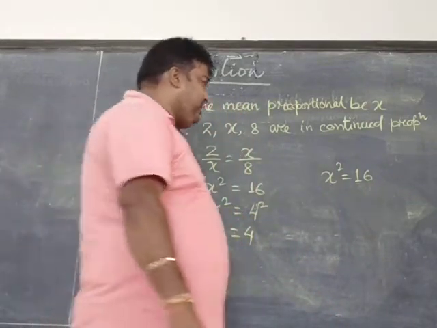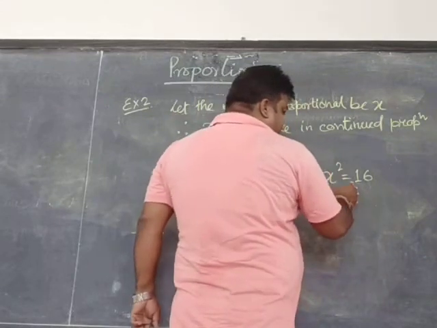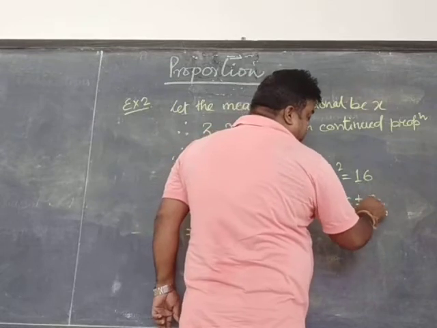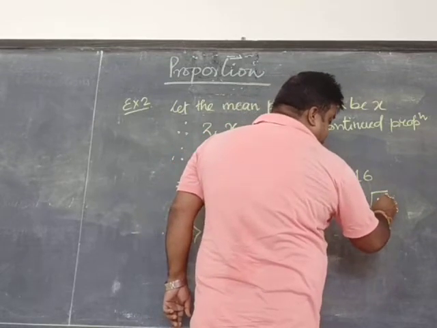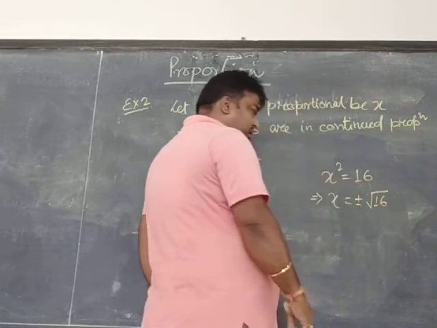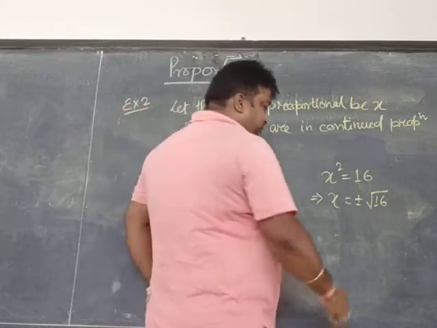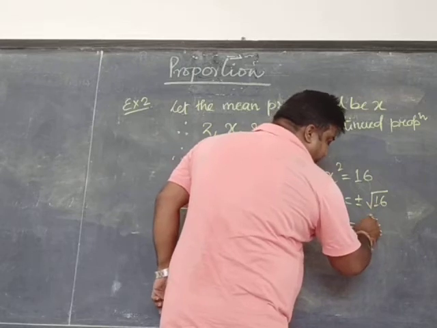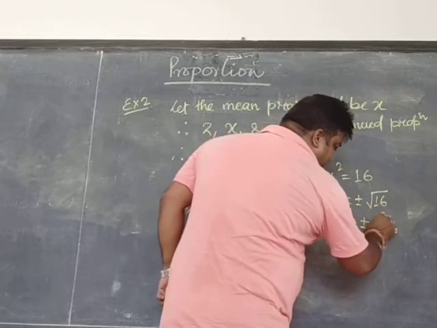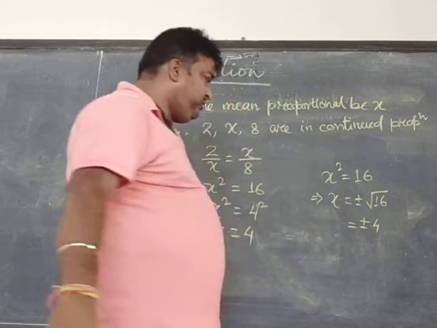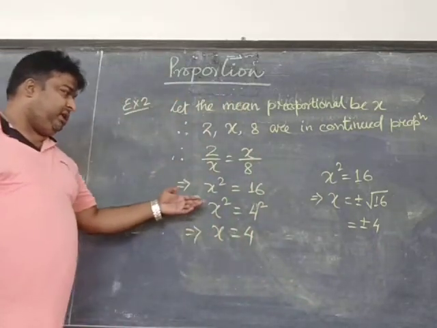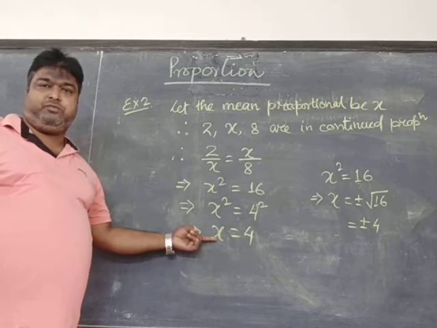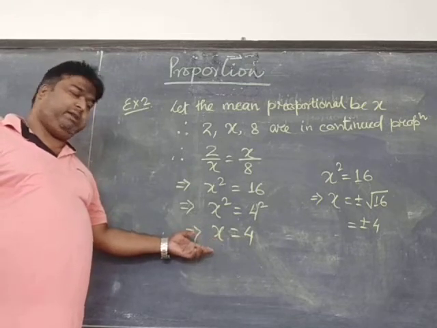But it is actually x equal to plus minus root under 16, that is here it will be plus minus 4. So if we proceed in this way, we are hiding one value. Got it? We are hiding one value.